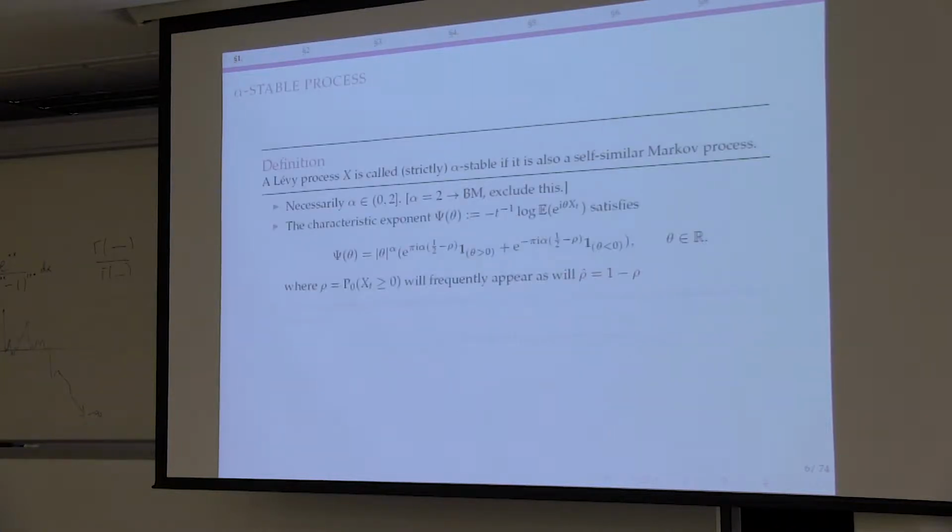Okay, so then, of course, stable processes are the ones that I'm going to talk about a lot for this week. So these are Levy processes which intersect in the class of self-similar Markov processes. So I seem to have brought a slide forward and not thought about the consequence of bringing the slide forward from an older talk. So what do I mean by a self-similar Markov process?